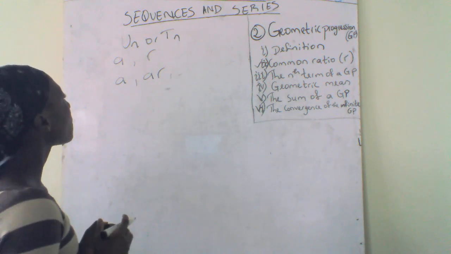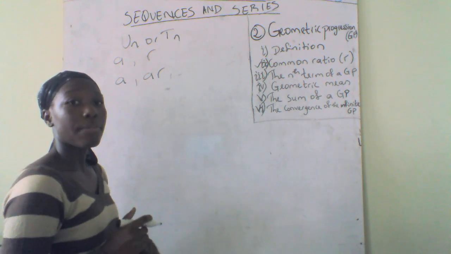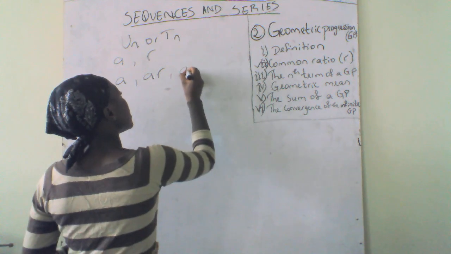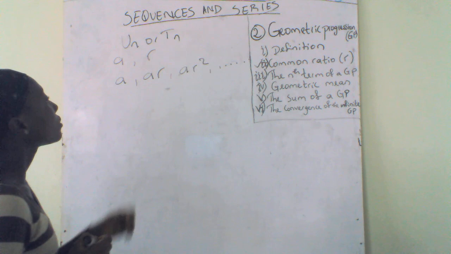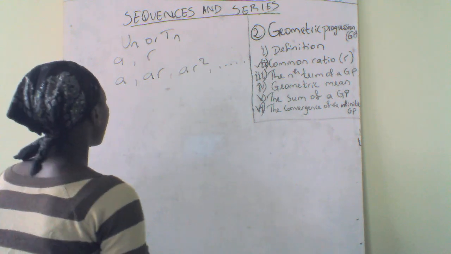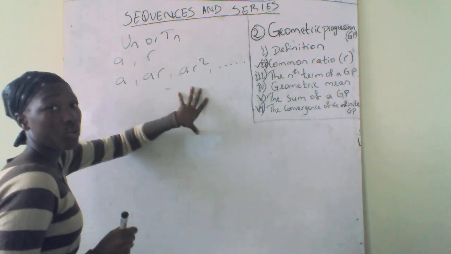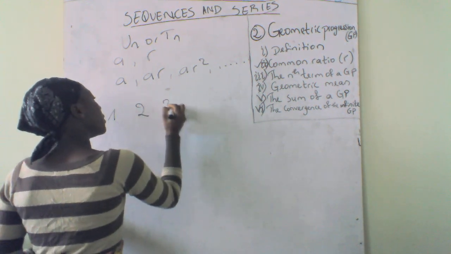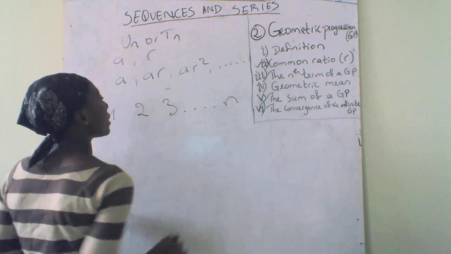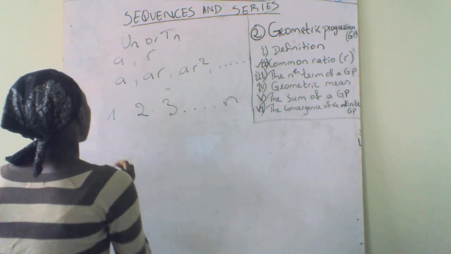Then the third term is the second term times the common ratio, which is AR squared, and it continues so on and so forth. Now, when we establish the one-to-one correspondence with our set of natural numbers, which is 1, 2, 3, up to the nth number, we can have this.